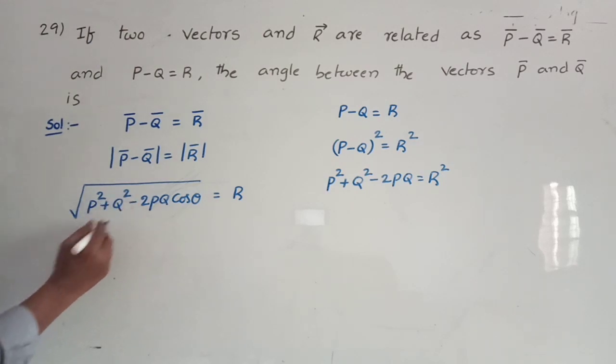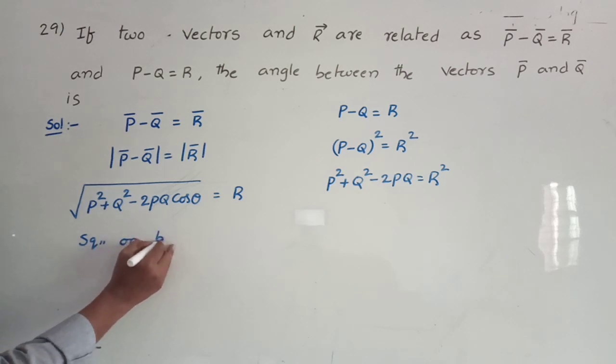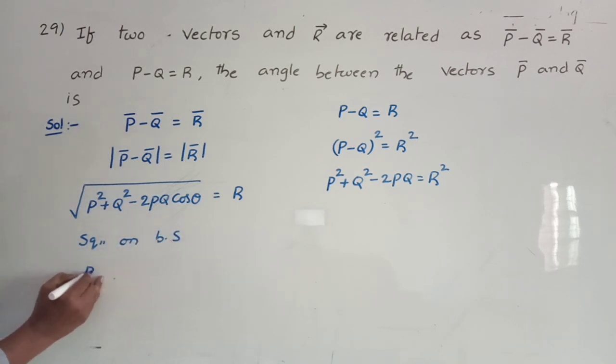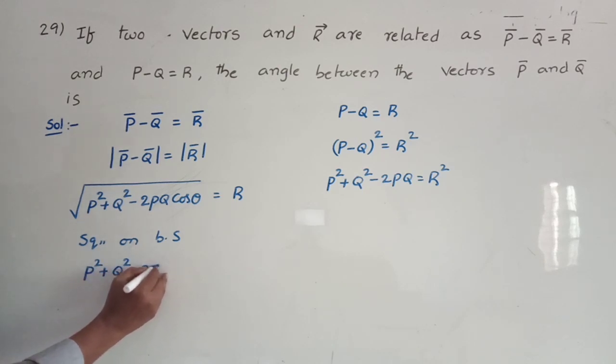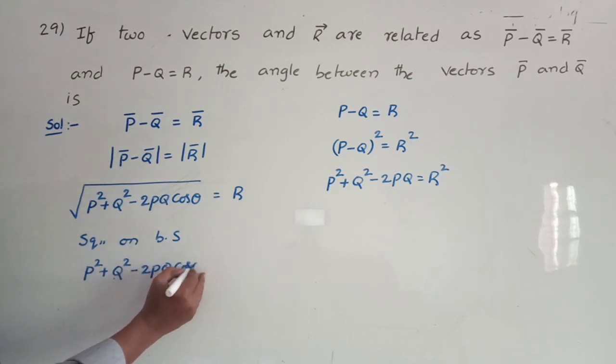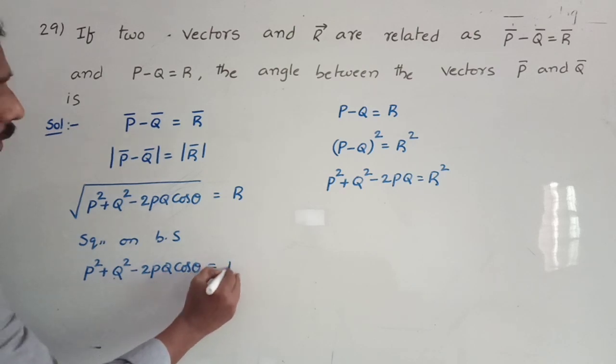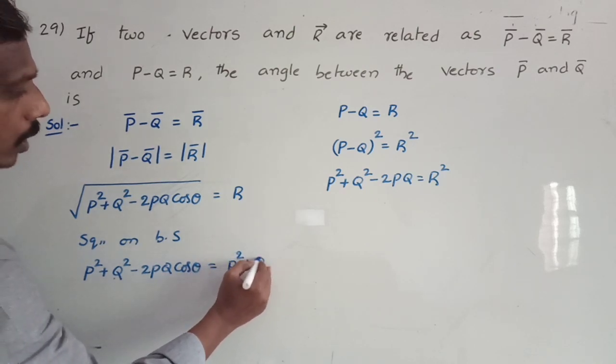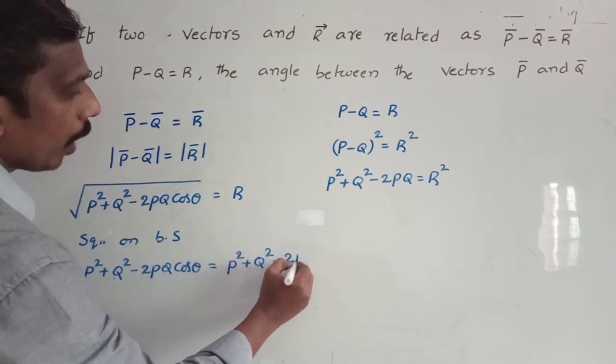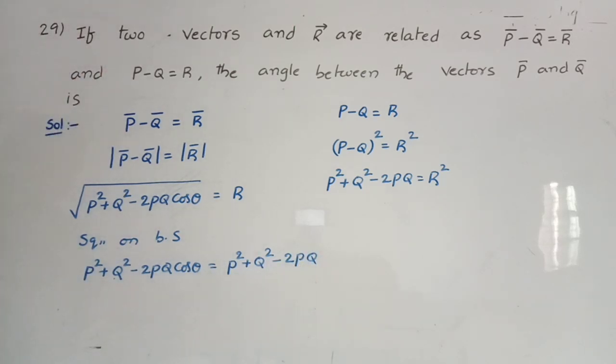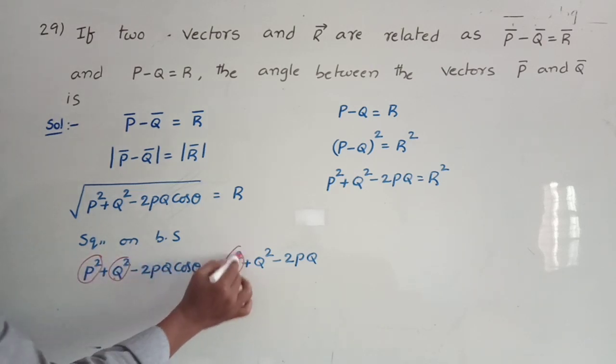Here, squaring on both sides, we get p square plus q square minus 2pq cos theta is equal to r square, which is equal to p square plus q square minus 2pq. But on both sides p square and q square get cancelled.